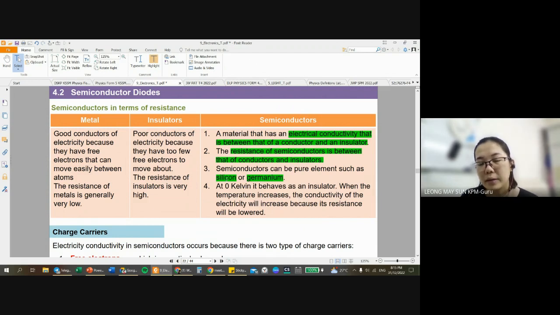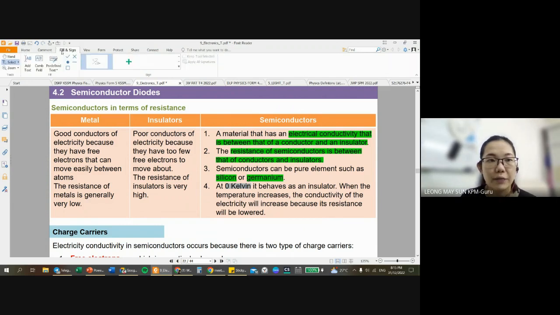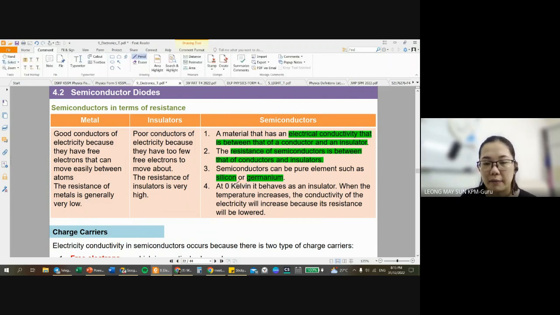The special thing regarding semiconductors is that at 0 Kelvin, the absolute temperature, which is negative 273 degrees Celsius, a semiconductor behaves like an insulator. Behaving like an insulator means it does not allow current to pass through.